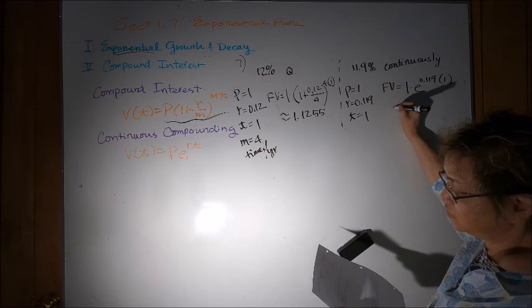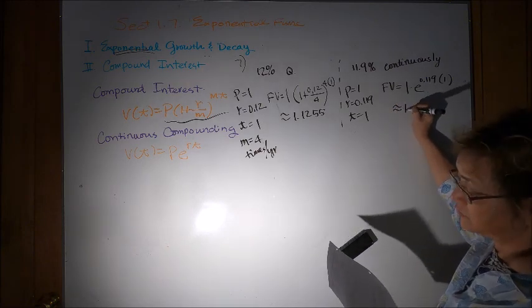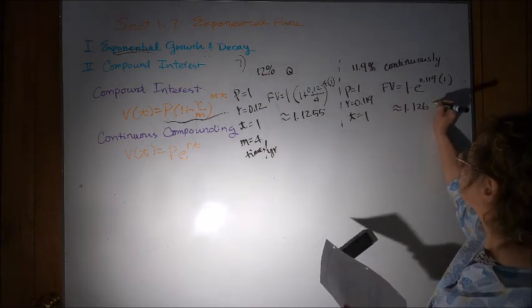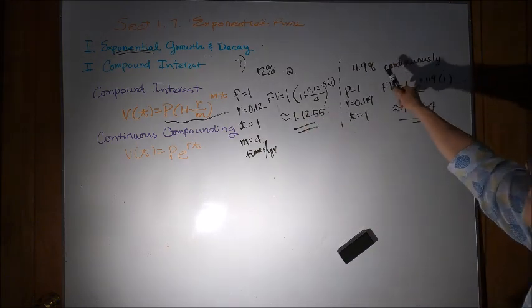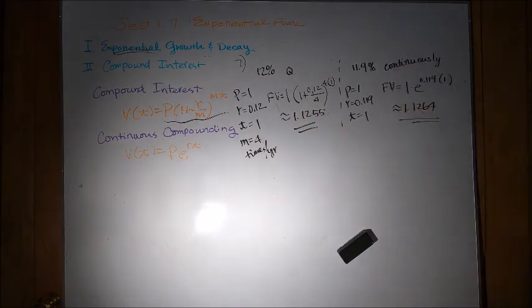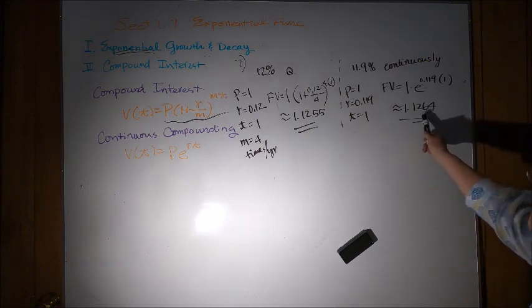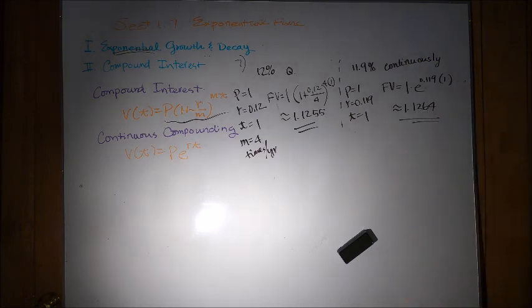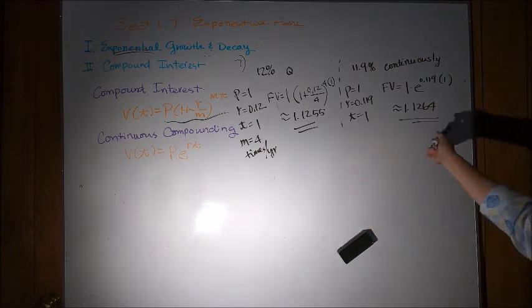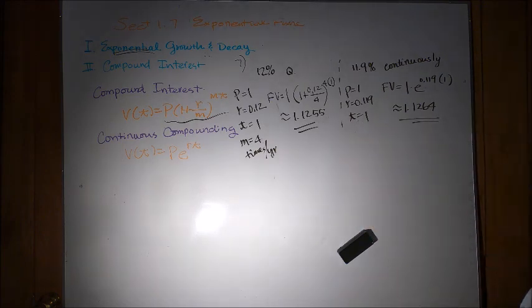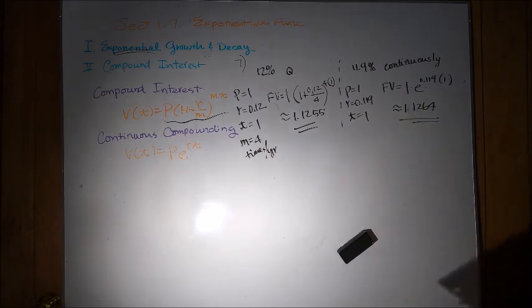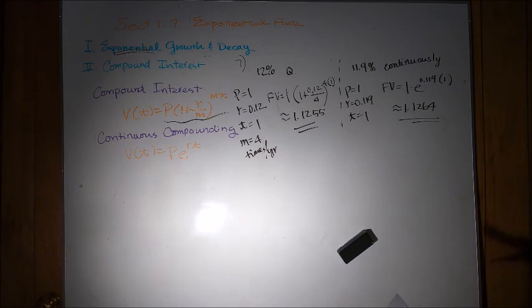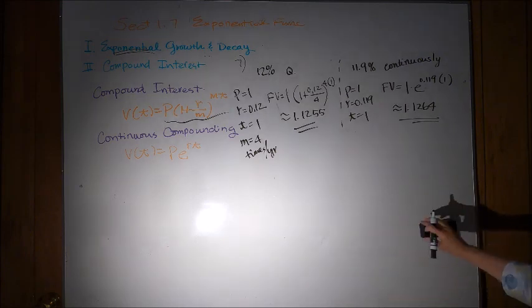If you use the calculator, you will find 1.1264. Which one is better? Even though the rate is a little bit lower, you actually get a better return, right? It doesn't look like much difference, but if you have $1 million or a billion, it will make a huge difference. Got the idea?